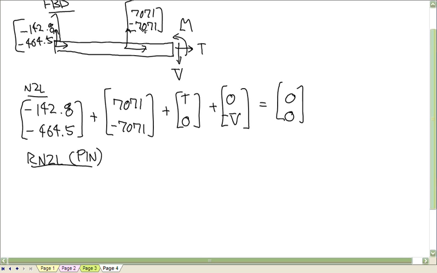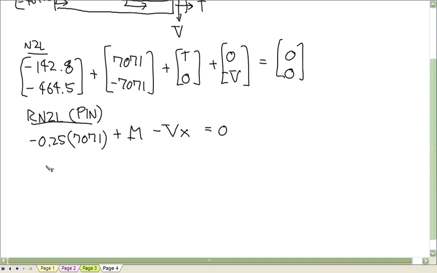This downward force of 7071 would create a clockwise rotation, so that gives you, well, negative 0.25 times 7071, plus M minus Vx is equal to 0. And if you solve that, you get T is equal to negative 6928.2, right? People got the same thing?